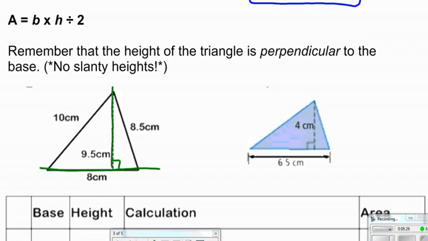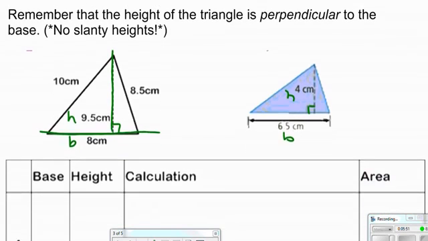They meet like two straight lines crossing each other. Neither of them is slanted. So we have a base of 8 centimeters and a height of 9.5 centimeters. If we look at the second triangle, again, the 90-degree angle is actually already drawn in there for us. So the base is 6.5 centimeters and the height is 4 centimeters.